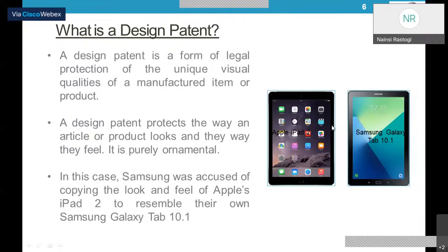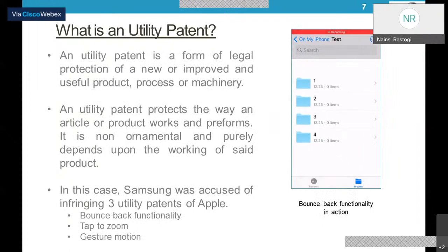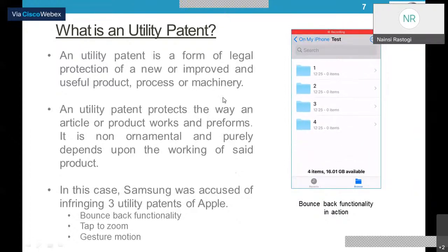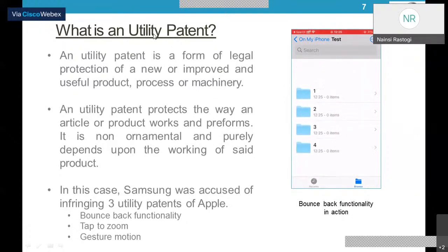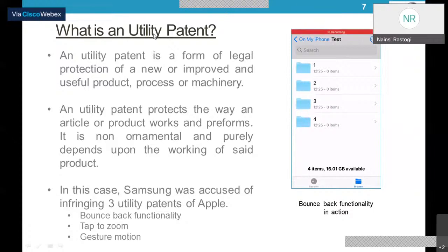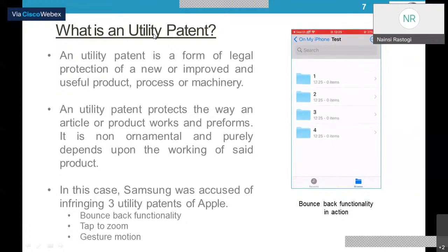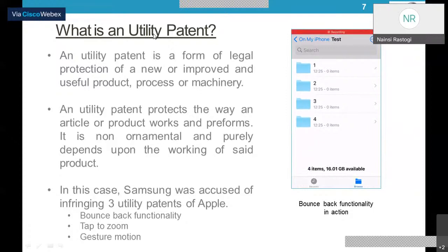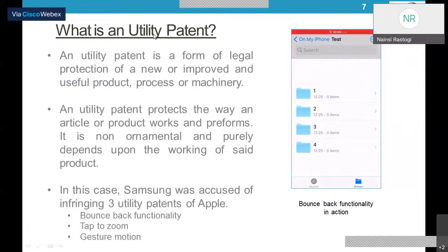Then there was one utility patent involved as well. In India, what we call a patent, or the ordinary patent, we call a utility patent in the US. A utility patent is a form of legal protection of a new or improved and useful product, process or machinery.